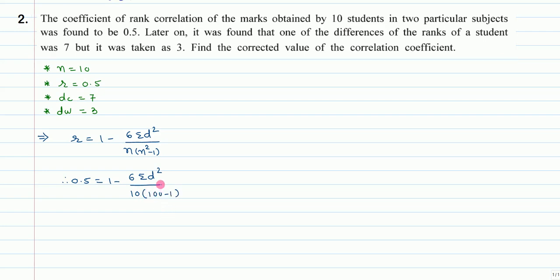Okay, now 0.5 equals 1 minus 6 sigma d square upon 990.